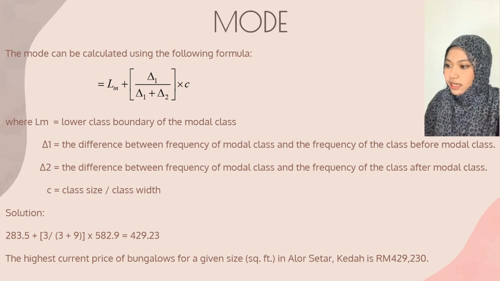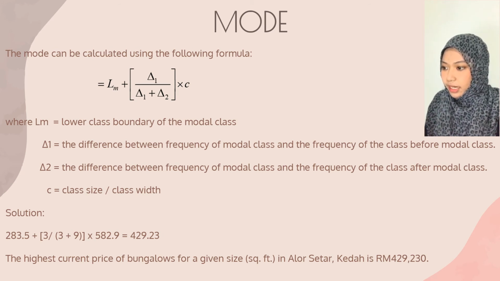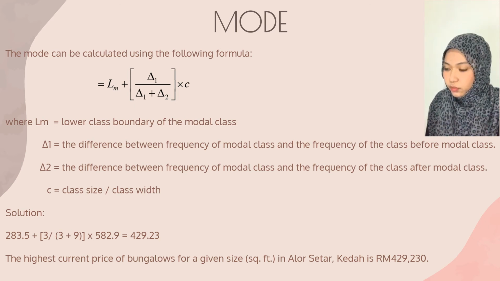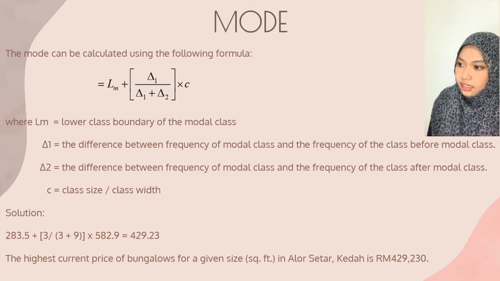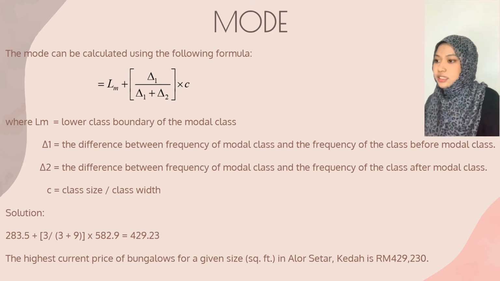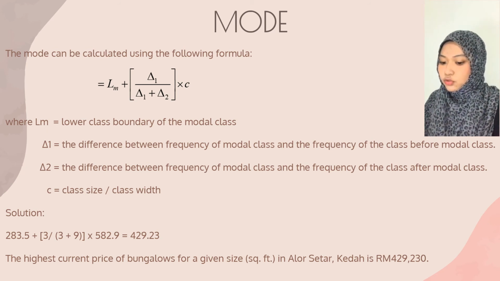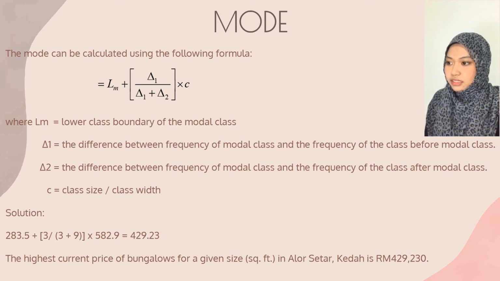So in the bracket we have 3 divided by 3 plus 9, and close the bracket, we multiply with the class width, which is 582.9. For this calculation, just the same, you need to solve the bracket first. After that, you multiply and continue with the sum, and you will get the answer 429.23.